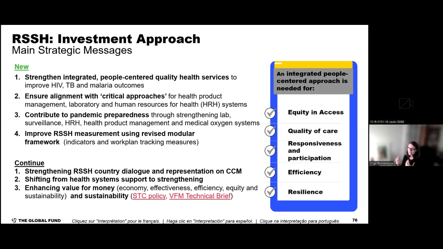The second main new approach that I'd like to mention is about critical approaches. These are RSSH critical approaches. They're basically similar to the program essentials that HIV, TB, and malaria have developed, but we've only done them for three areas: for health product management systems, laboratory systems, and human resources for health systems.